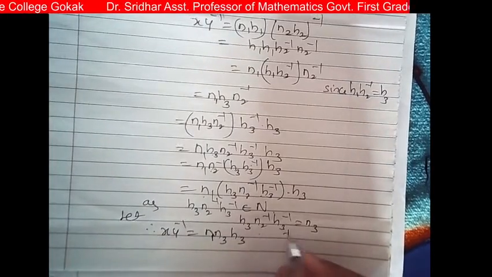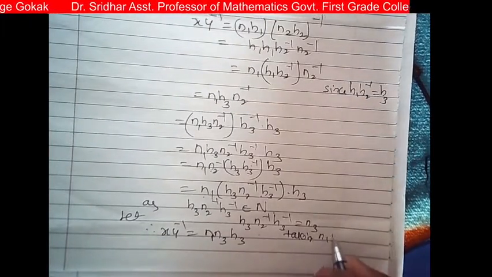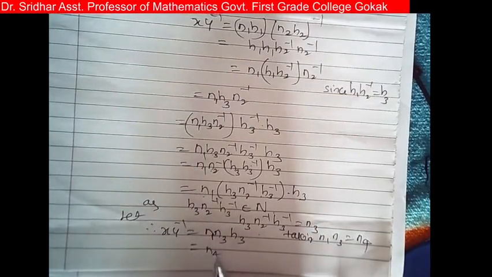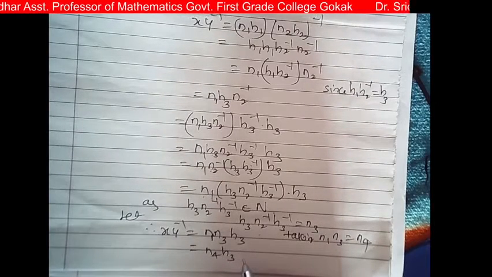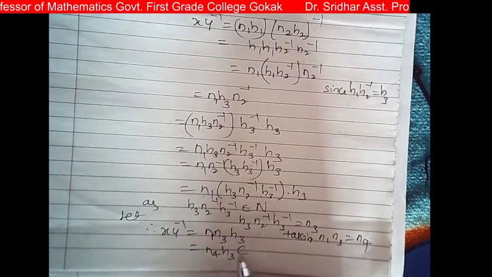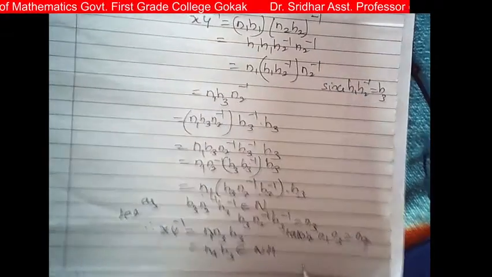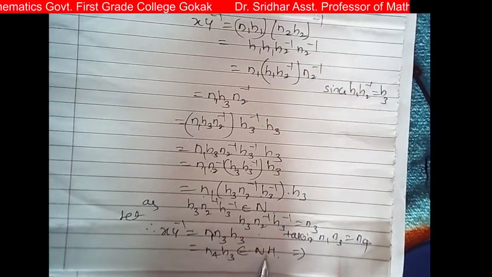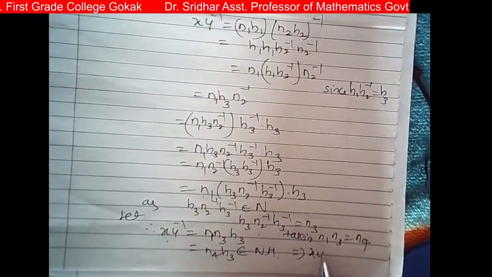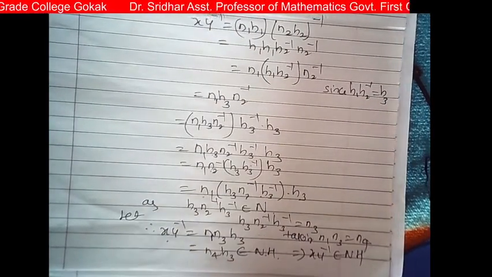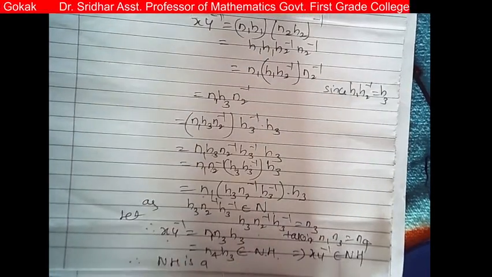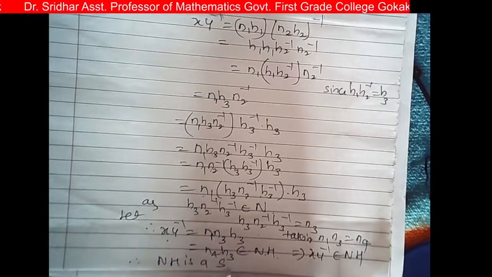Now taking n1 n3 equal to n4, replacing that we get n4 into h3, which belongs to NH. This is equal to xy inverse, which means that xy inverse belongs to NH. Therefore NH is a subgroup of G.